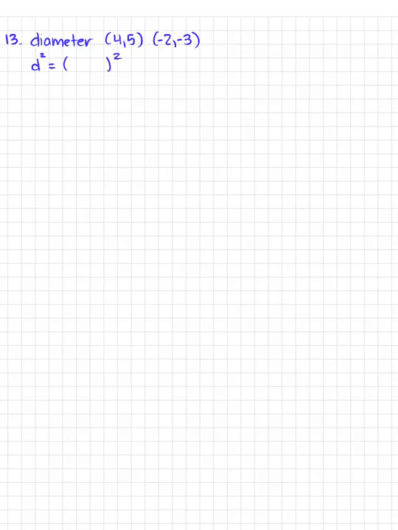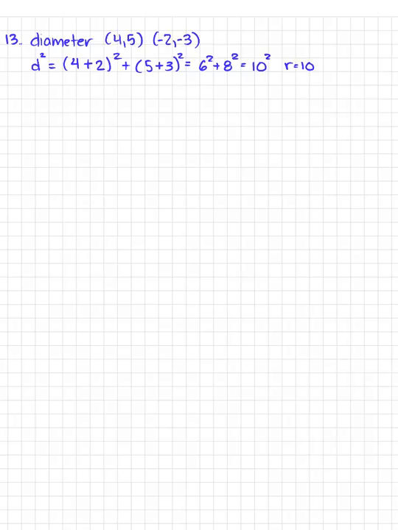That gives me 4 minus -2 squared plus 5 minus -3 squared. That gives me 6 squared plus 8 squared. Well, it's going to be a 6, 8, 10 triangle because 36 plus 64 is 100. So I know that my diameter is 10.